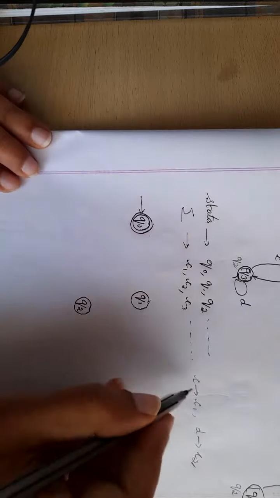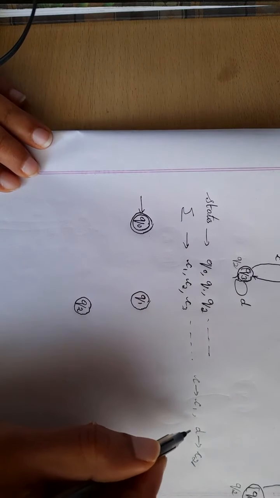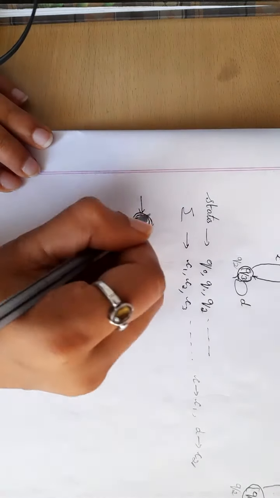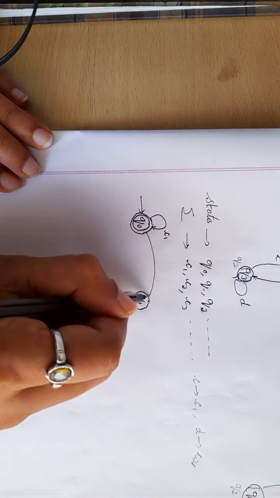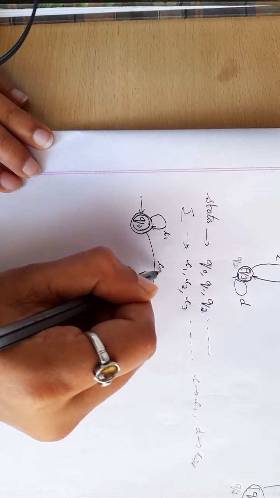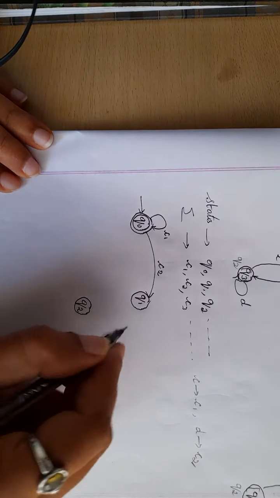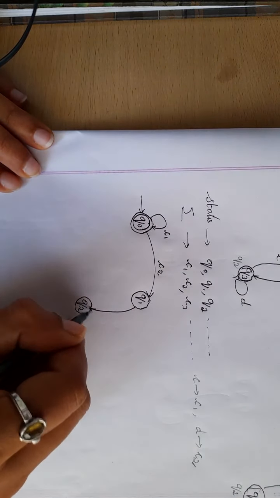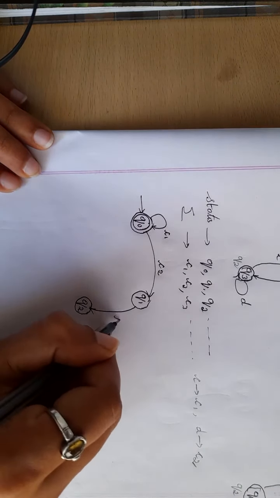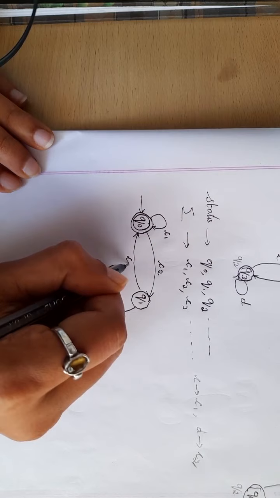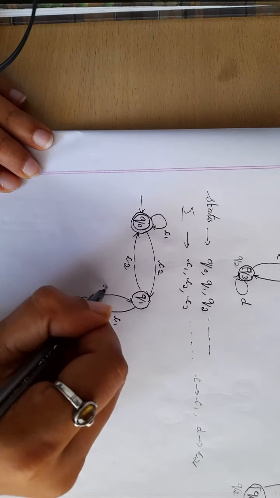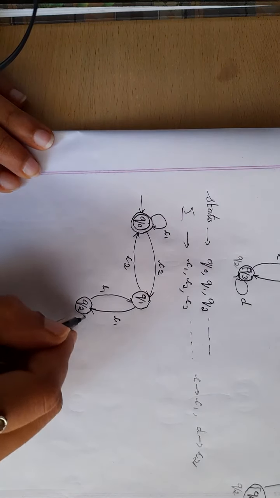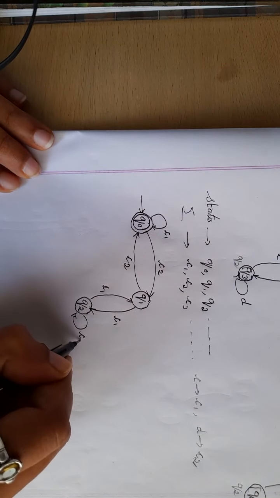From C I will rename it to C1 and D I will rename to C2. So this becomes C1, C2, then C1, C2, then this one C1 and then C2.